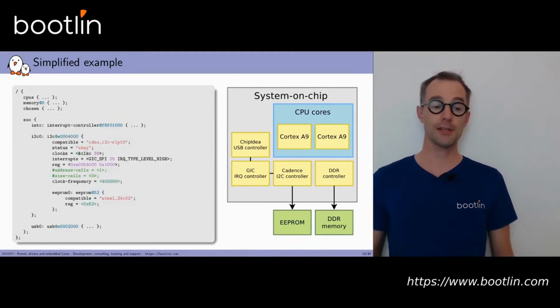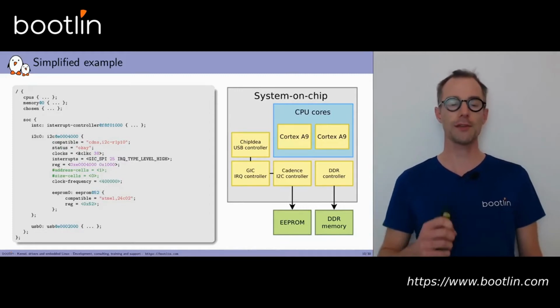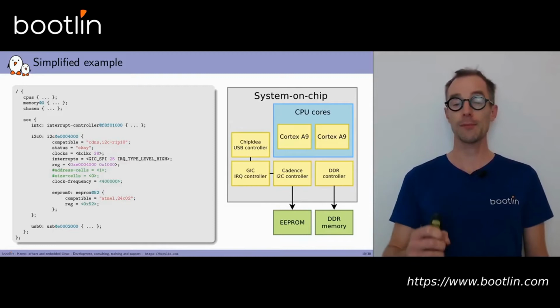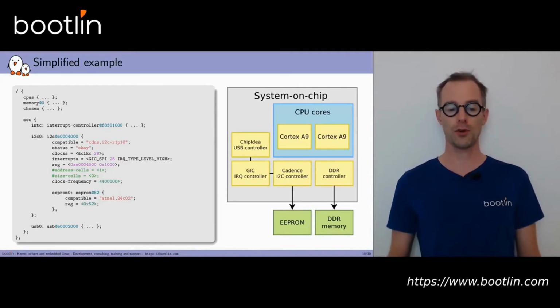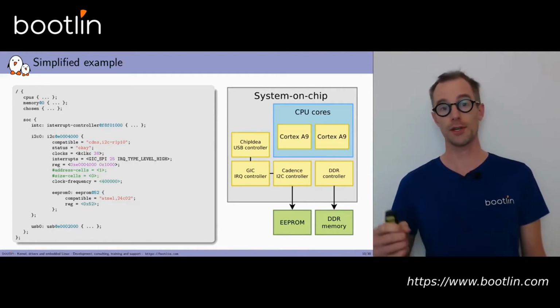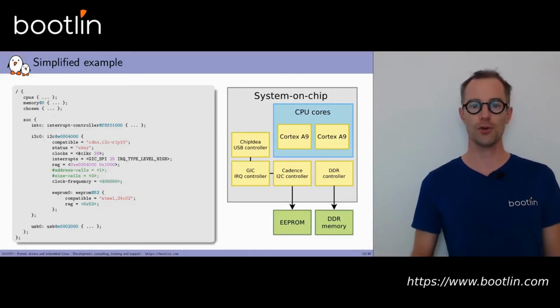It describes an I2C controller, and this I2C controller is interesting because not only the I2C controller itself is described, but we have an EEPROM attached to this I2C controller at slave address 52. And this EEPROM, which is an I2C device, is described as a subnode of the I2C controller.